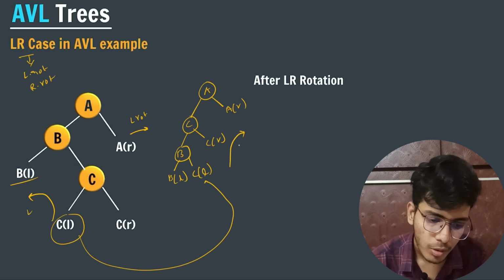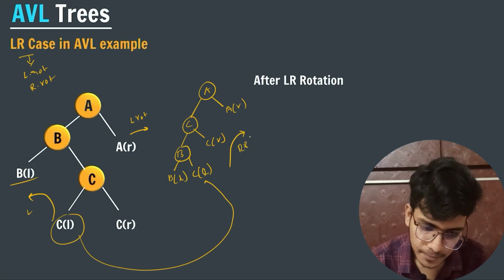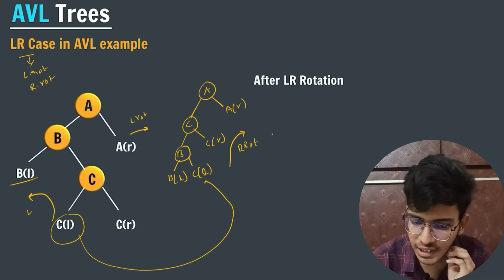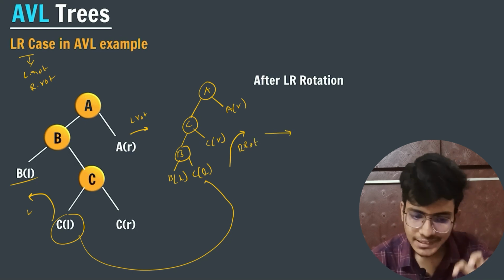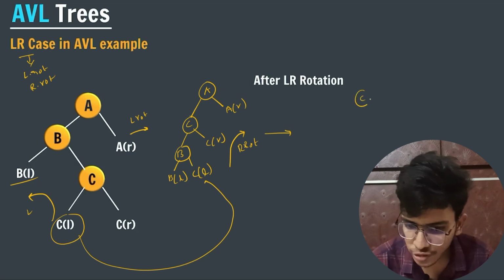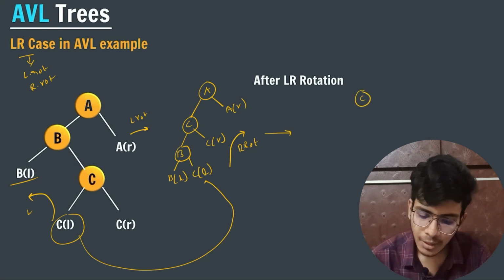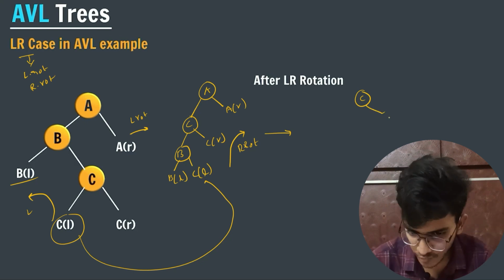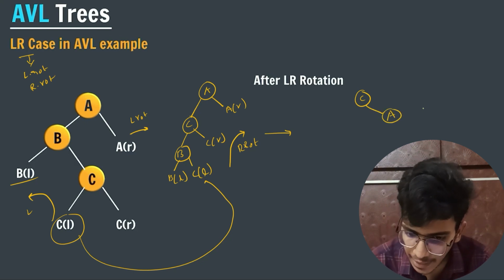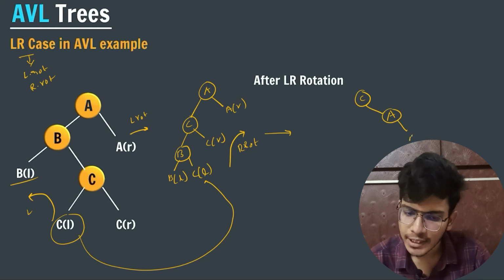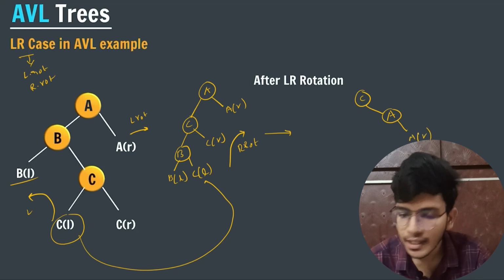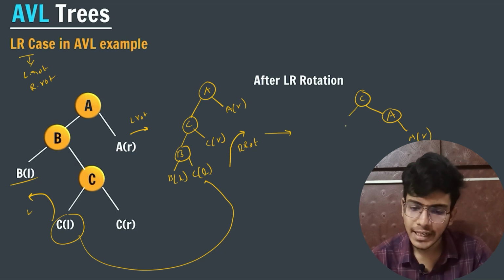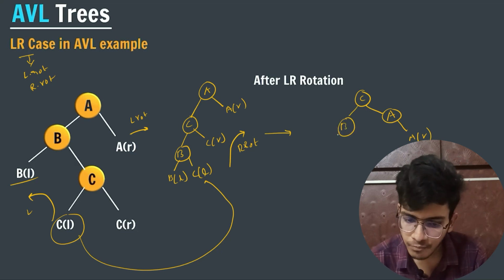Now after that, I need to perform right rotation, right? Right rotation is nothing but the RR case. So when I perform right rotation, C will become my middle element, and C's right will become A, and whatever A's children it has will remain the same. So A's right part will remain the same, and C's left part will get occupied by the B node.